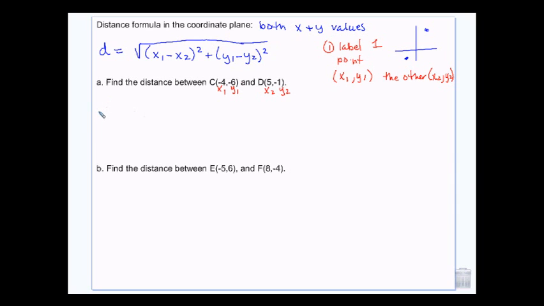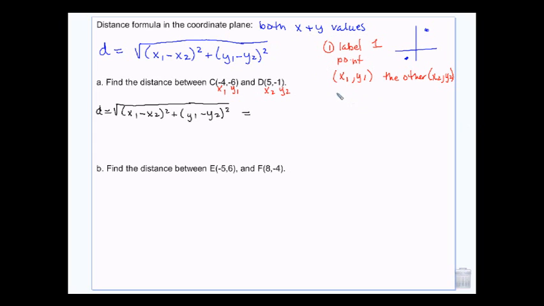Then I take the formula, and actually, I did not put enough space on here, did I? Okay, we'll figure it out.